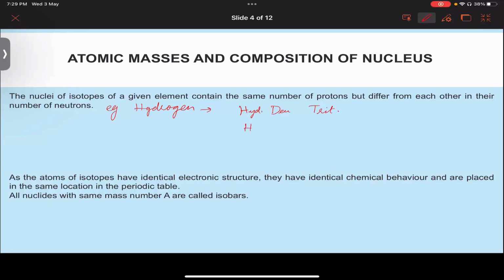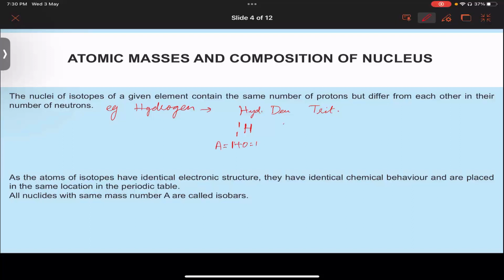Hydrogen will be written with mass number 1, because it has only one proton and 0 neutrons. So 1 plus 0 is 1, so A is equal to that.